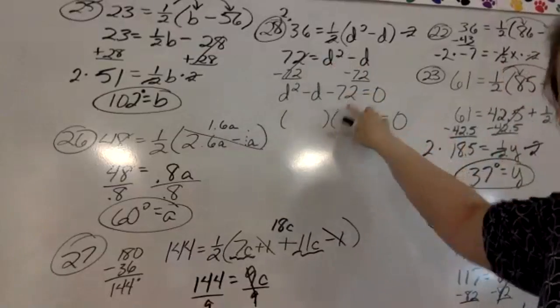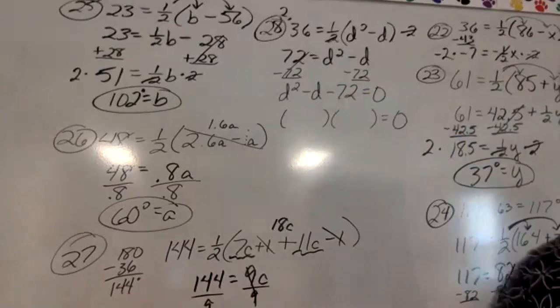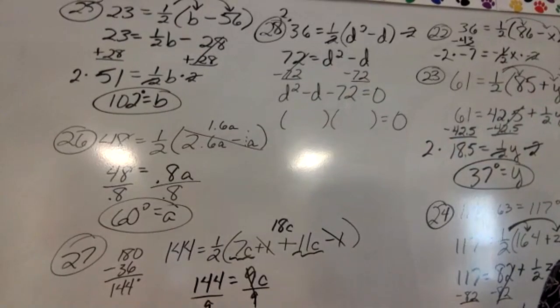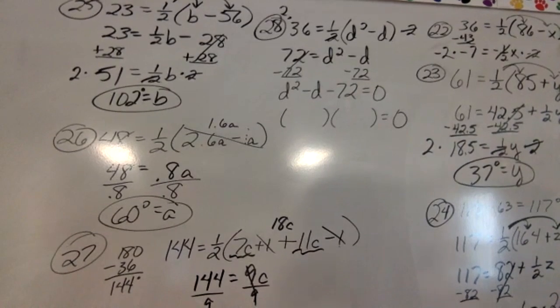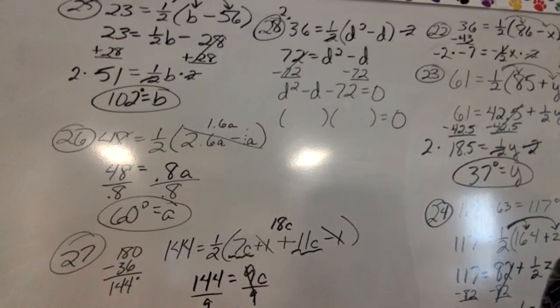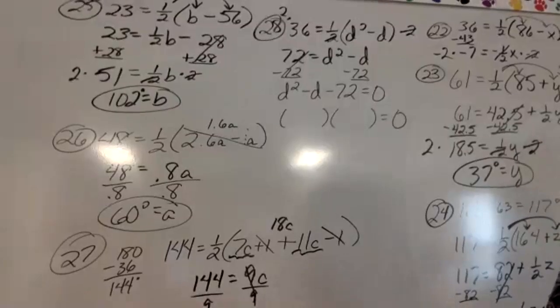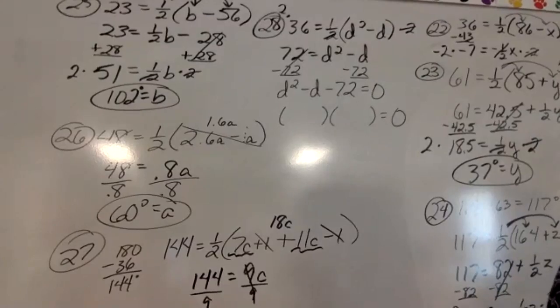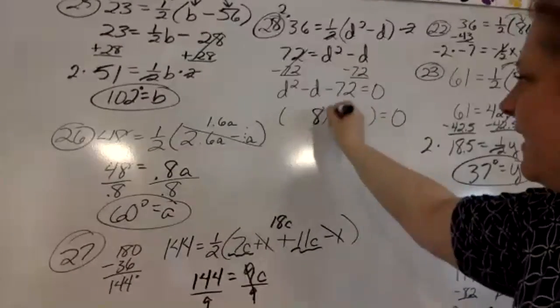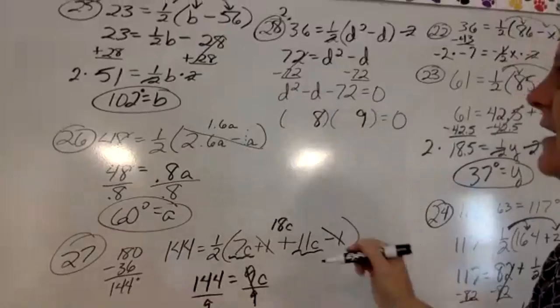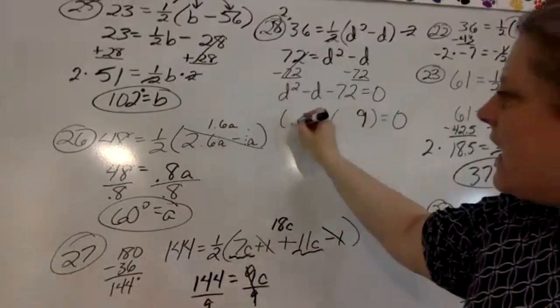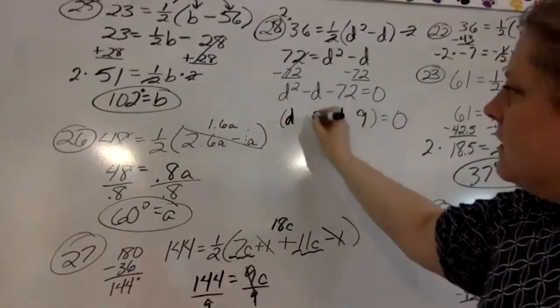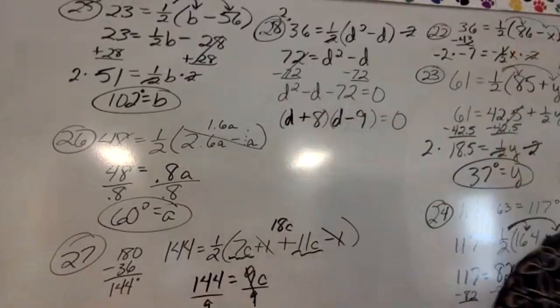So what do we multiply to equal 72? 8 and 9. 8 times what is 72? 9. Get your multiplication tables in there. Now, for d squared, I have d and d. One's positive and one's negative.